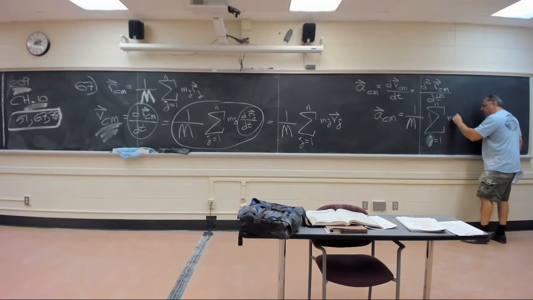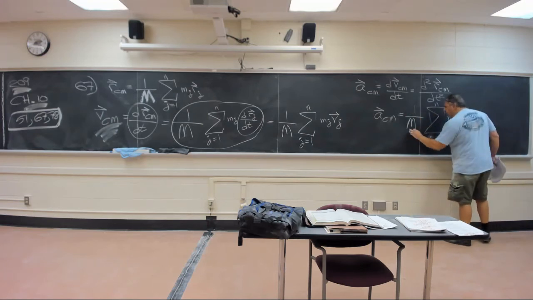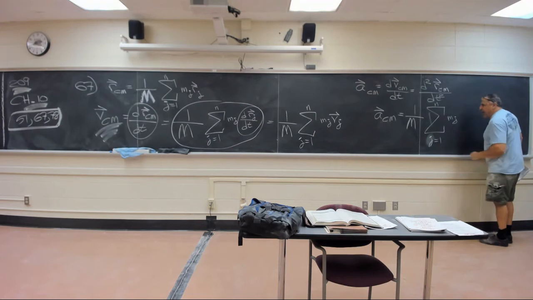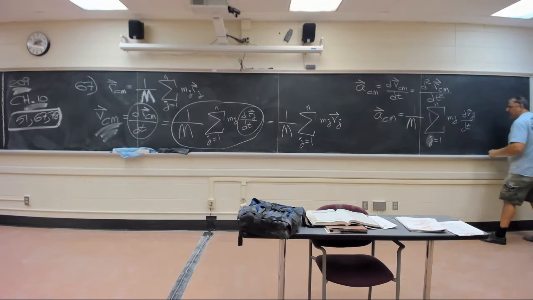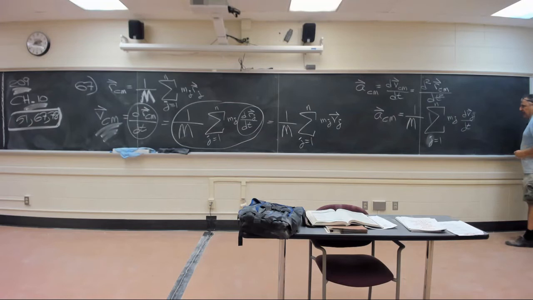M sub j, every one of the m's is constant, just like 1 over big M is constant. Every one of the m sub j's is constant. This is going to be dv vector dt. Absolutely it is, which is equal to 1 over m summation from j equals 1 to n, m sub j, that's a sub j.